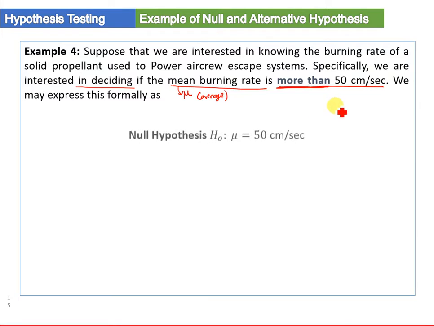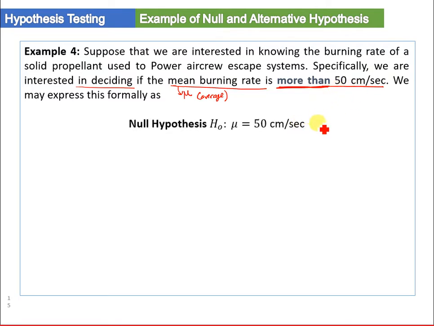So the null hypothesis will be, first we say that it is equal to 50 centimeter per second. And if this null hypothesis is not true, we will go for the alternative hypothesis. More than means greater than, so we'll go for this alternative hypothesis.